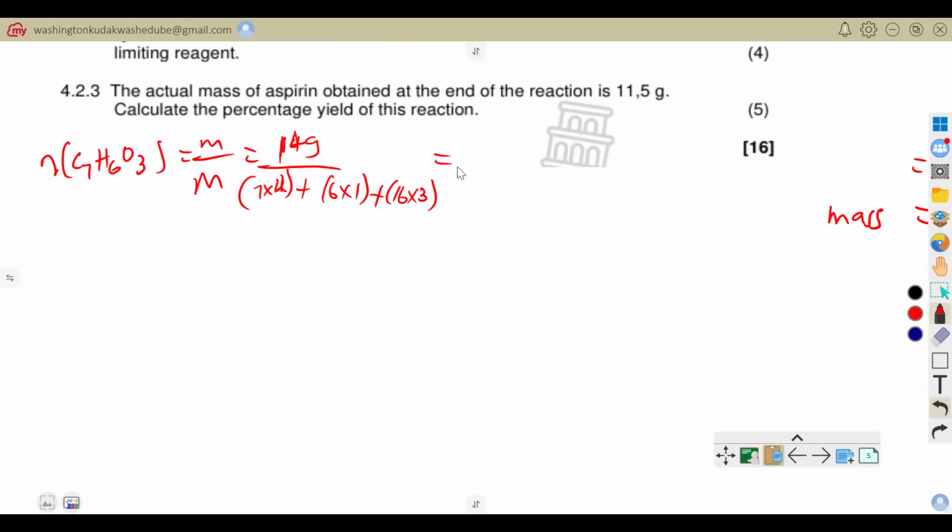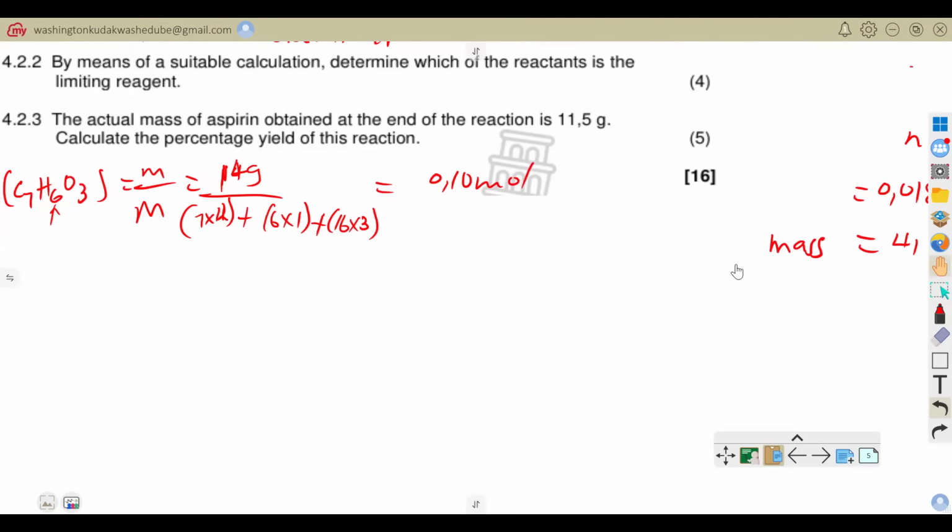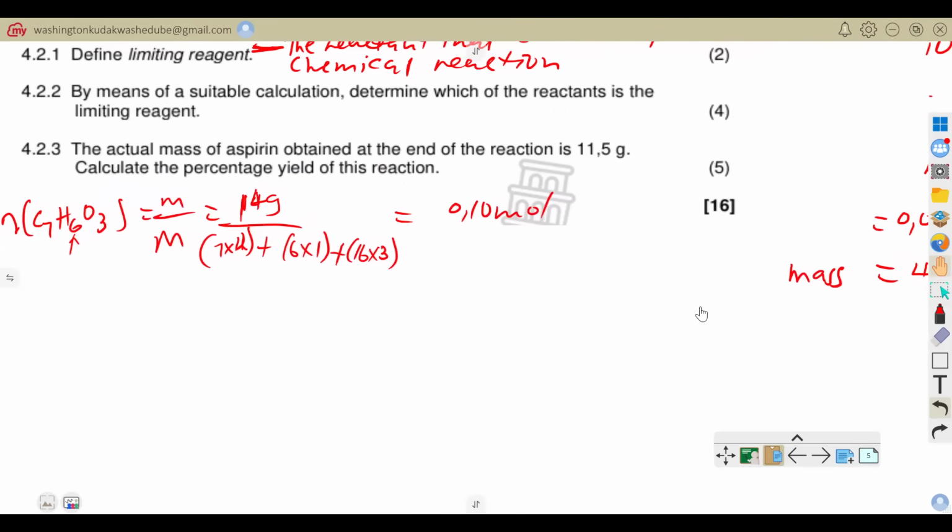The number of moles of salicylic acid that reacted is 0.10 mole. Now let me calculate the number of moles of acetic acid. I want to create space this side so that I can have them side by side, and then we can compare.